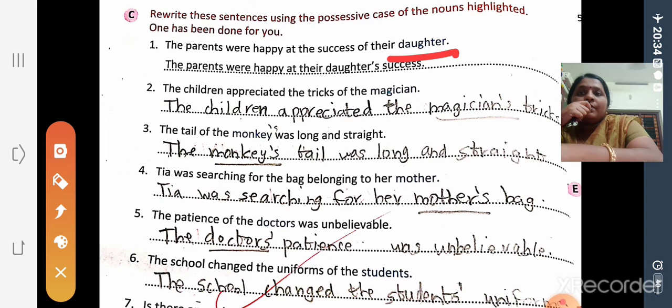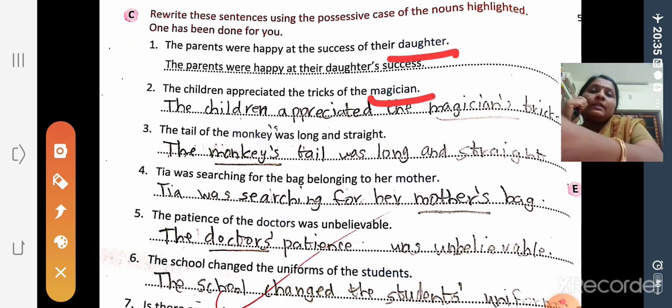Answer: the parents were happy at their daughter's success. Success of the what? Of their daughter, daughter's success. Okay, the children appreciated the tricks of the magician. So the highlighted word here is magician. The children appreciated the magician's tricks. The trick of the magician, magician's trick, when we make it that, it becomes possessive case.